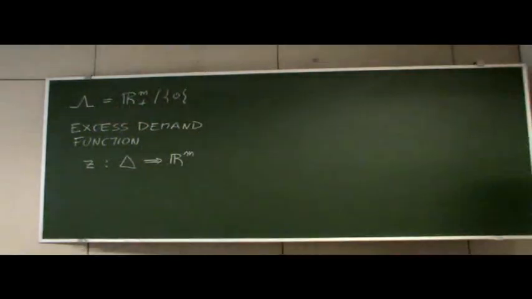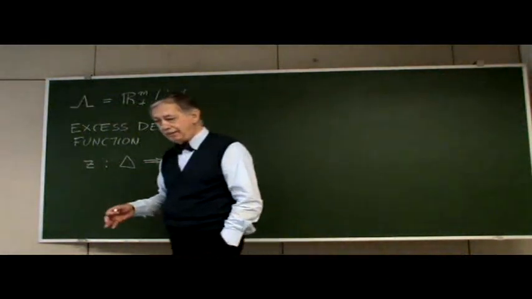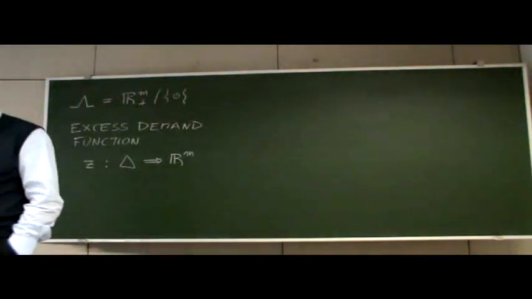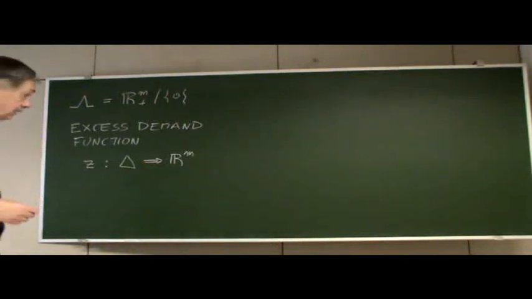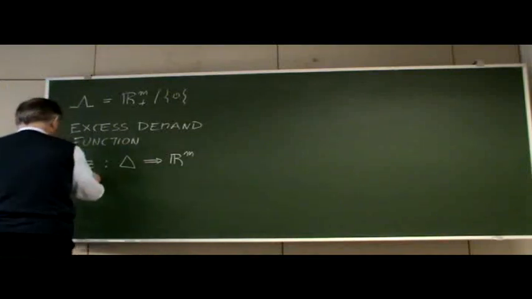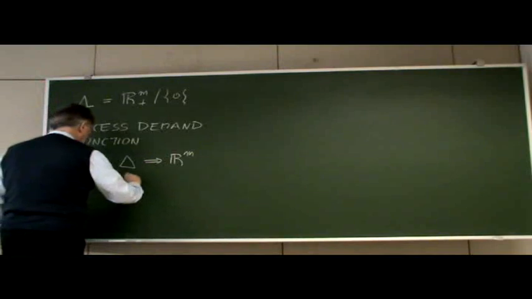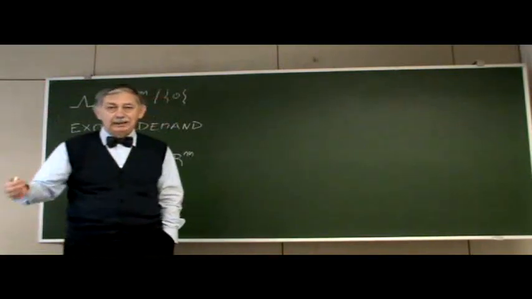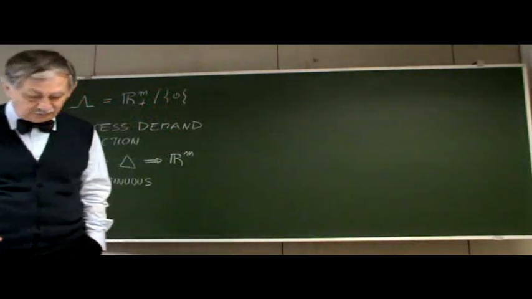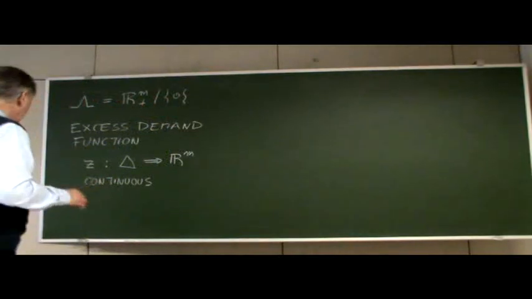This function associates with every price system in delta the unique vector of excess demands of the economy. Is it clear? We shall suppose, however, that z is continuous, in order clearly to apply Brouwer's theorem. Well, these are our assumptions.